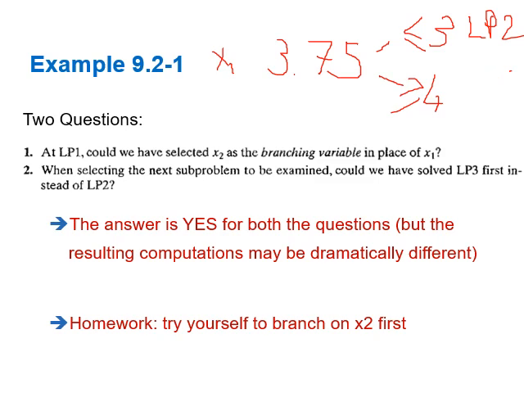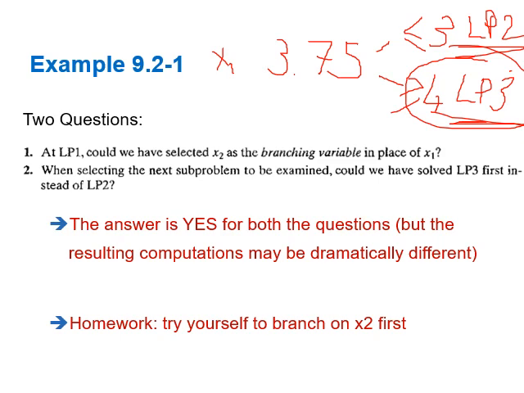So the question is this: can we first explore LP3 instead of LP2? Why did we continue with LP2? Can we continue with LP3? And the answer is yes, you can continue with LP3 as well.